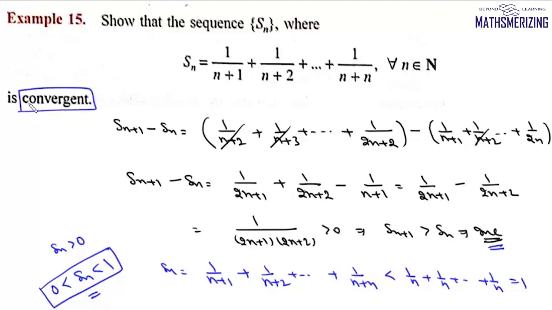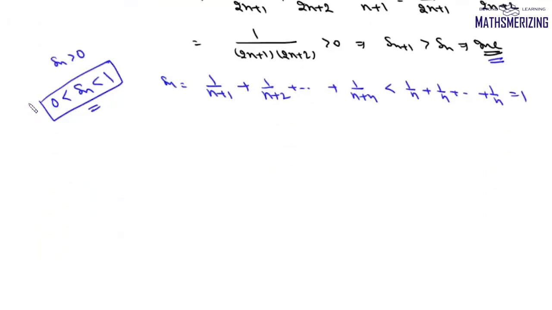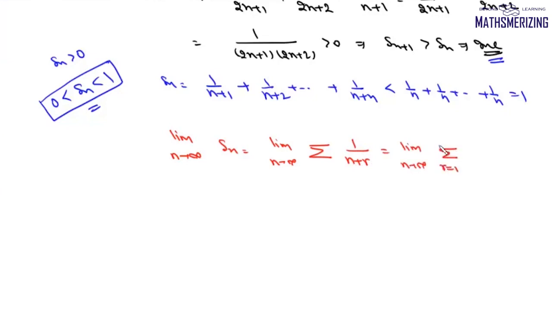Now we have to find the limit point of the sequence. We can write this as limit n tends to infinity of Sn, and it'll be this limit n tends to infinity of the summation 1 upon n plus r, which we can write as limit n tends to infinity of the summation r varies from 1 to n of 1 by n times 1 upon 1 plus r by n.